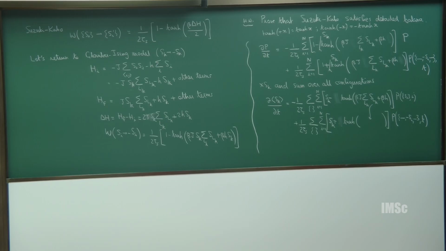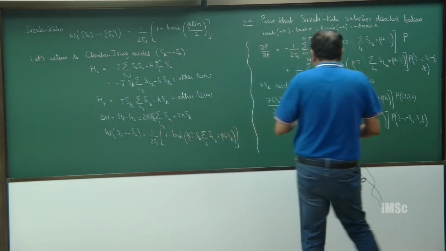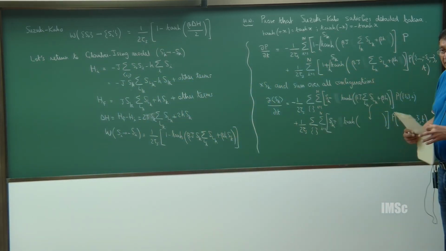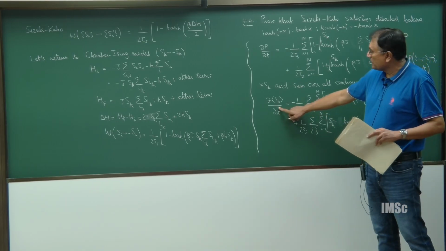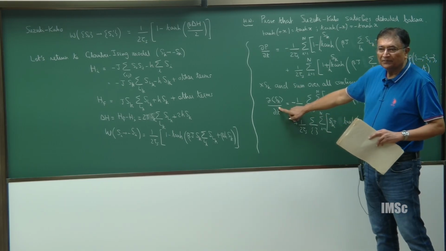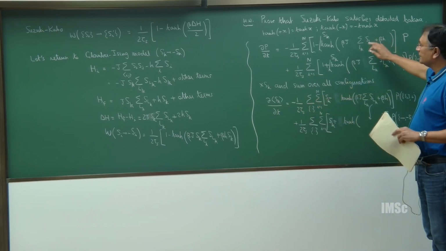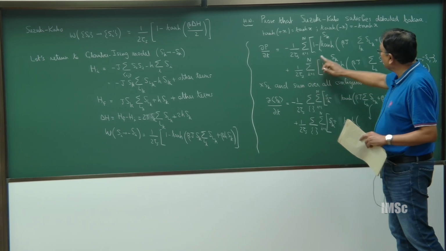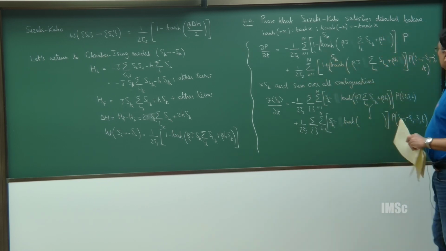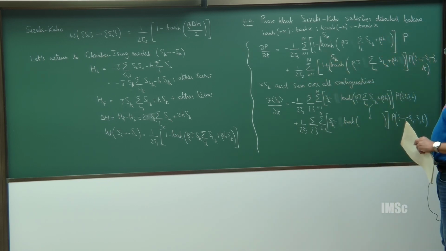So the sum is over K, right? No. K is just a spin I'm picking out here to average over. The sum should be over K. Good question.